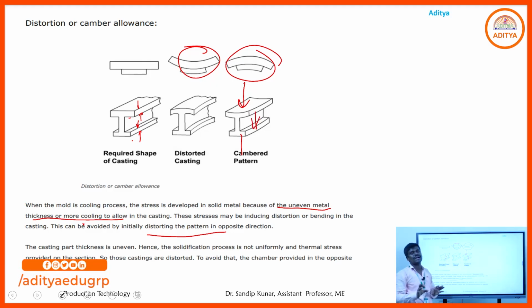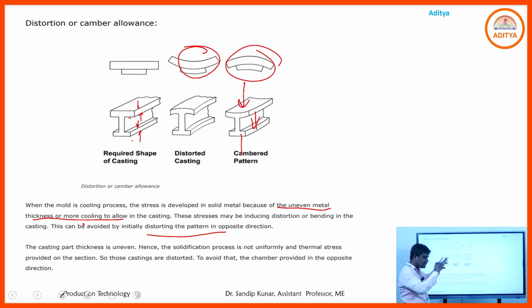If we do not want any bending shape, we provide a particular cooling process to that portion so heat removal from every section is equal, and the thickness is also maintained the same. So in that case the metal will not bend.